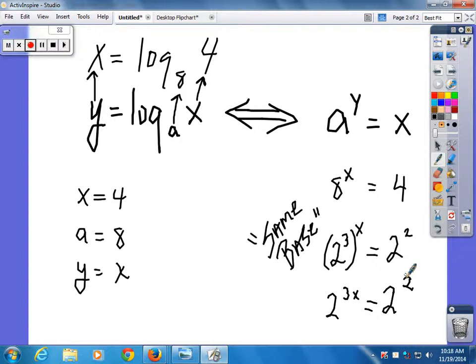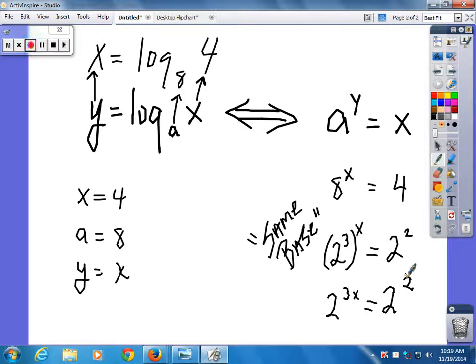Does anybody know the rule? When you have the same base, and the same bases are equal, what are the exponents? They're equal also. That's the rule.